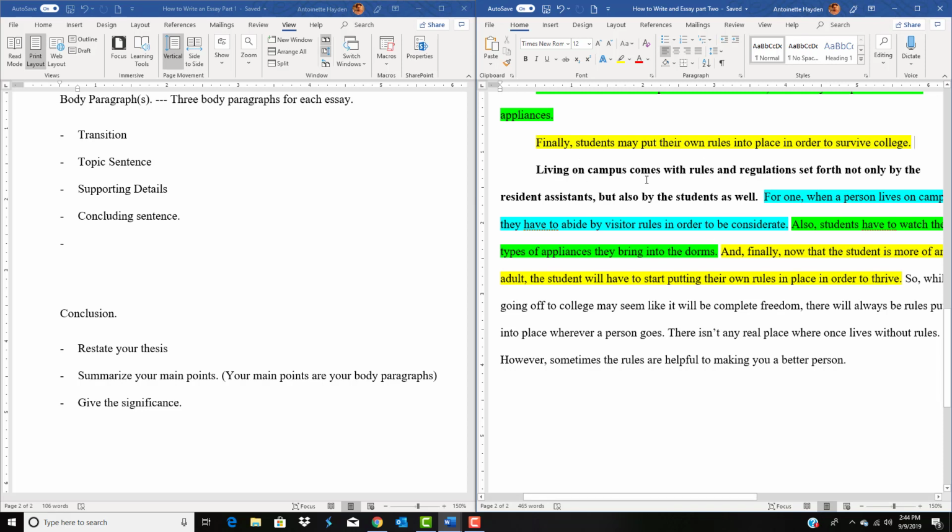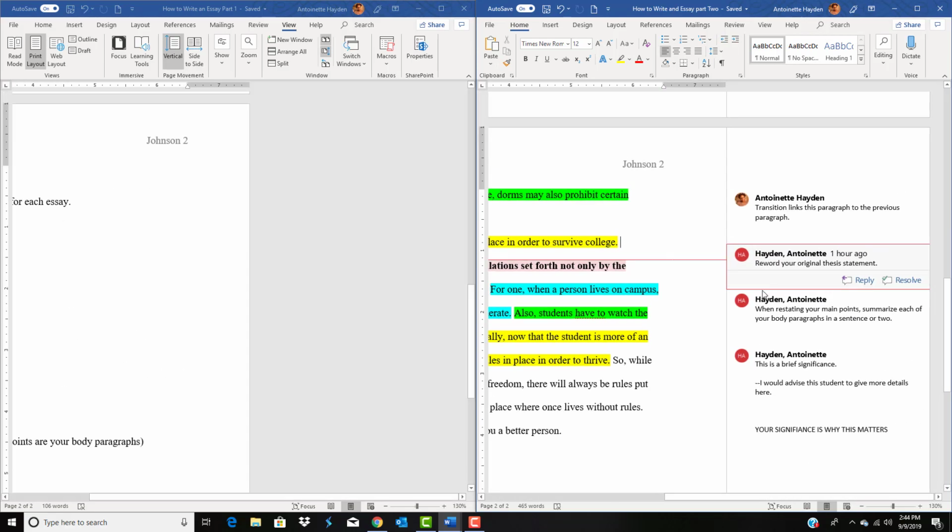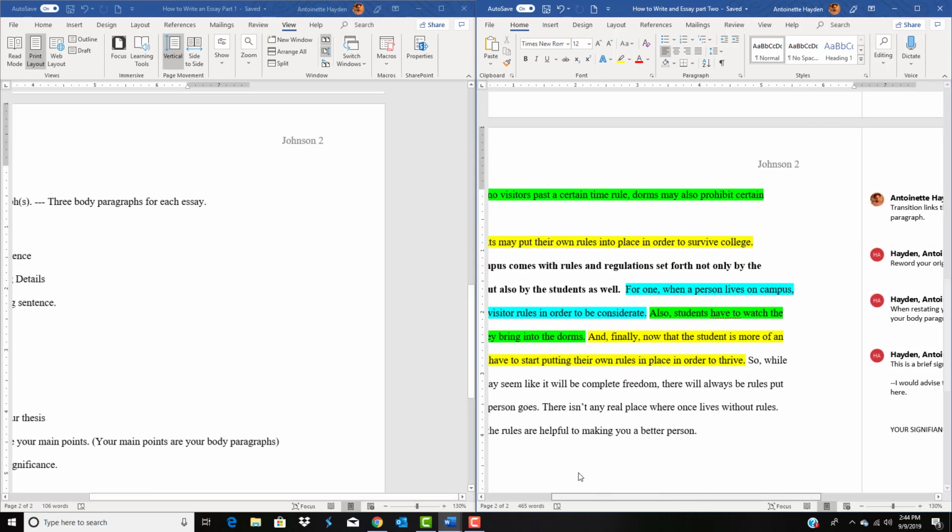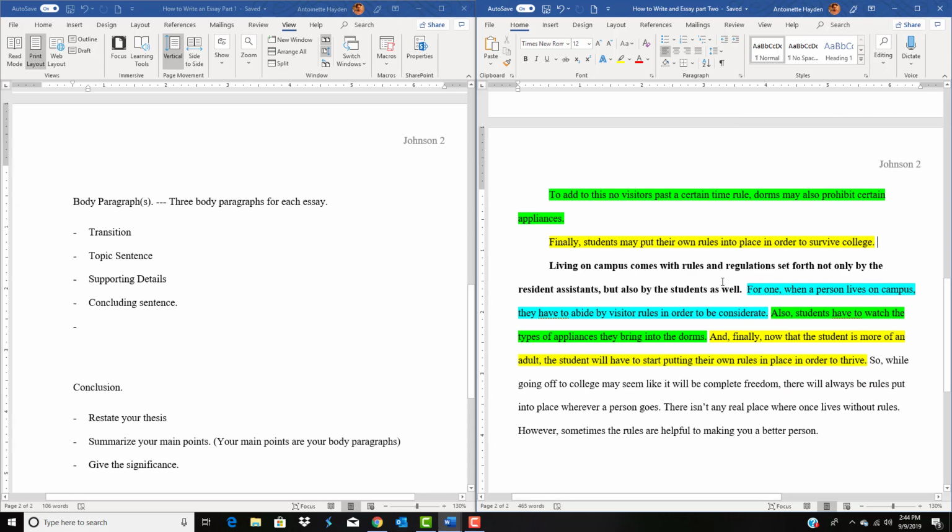So, living on campus comes with rules and regulations set forth not only by the resident assistants but also the students as well.